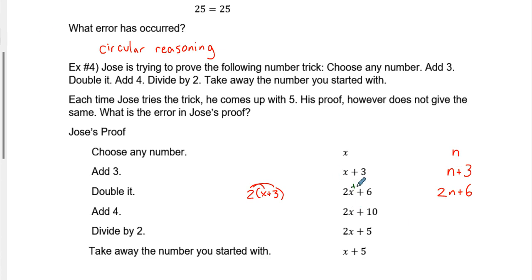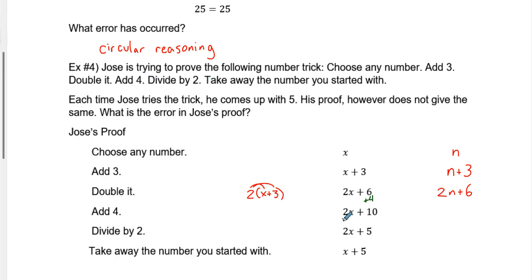If you add 4 to this, some people will incorrectly do it this way, and this is one error that happens with proofs: 6x plus 6, but the number 4 does not have an x. It's just the number 4. So where are we adding 4? We're adding 4 onto the number that doesn't have a variable. 6 plus 4 is 10. So far so good. Then we divide by 2.